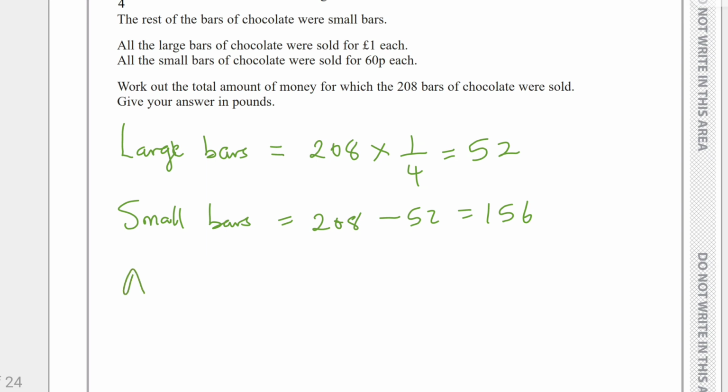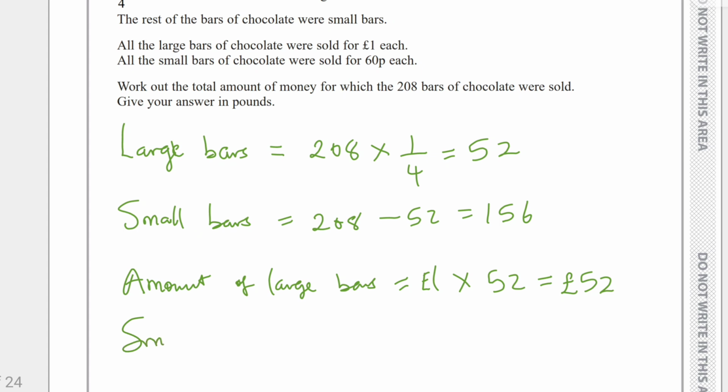So the amount from large bars is going to be equal to £1 times 52, and that is equal to £52.